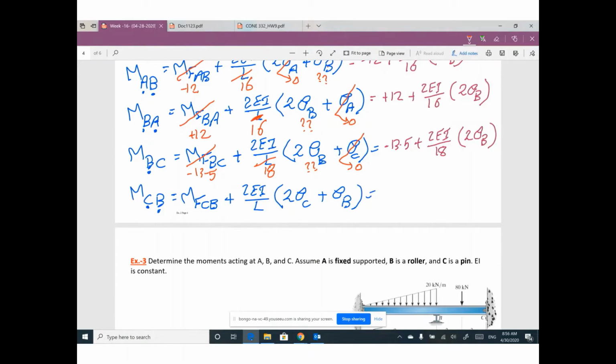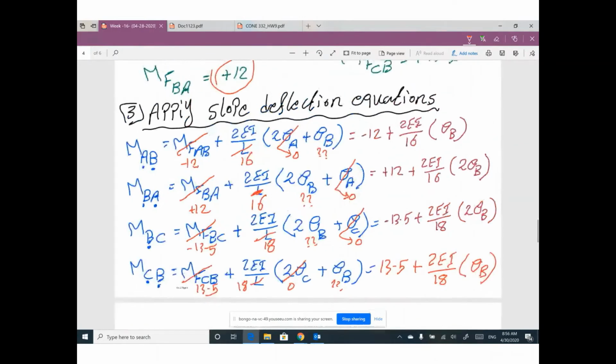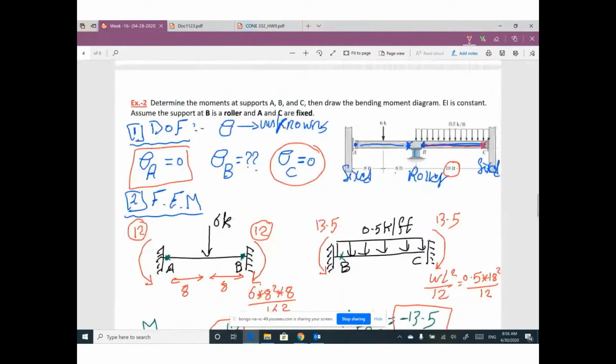M fixed CB is positive 13.5. L is 18. Theta C is 0. Theta B is unknown. So the final shape of this equation will be 13.5 plus 2EI divided by 18 times theta B.